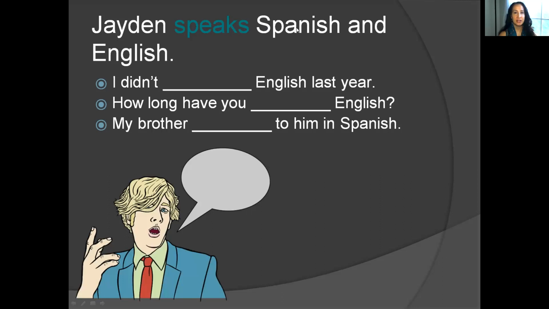Jaden speaks Spanish and English. Okay, the verb to speak. Jaden speaks Spanish and English. It wouldn't be Jaden speak, okay? Jaden speaks. Okay? Now, what would be the irregular verb for speaks in the past tense here? Or it could be the present tense.